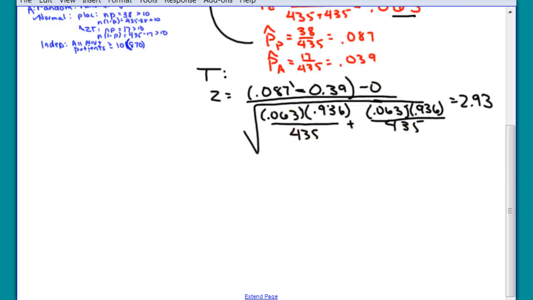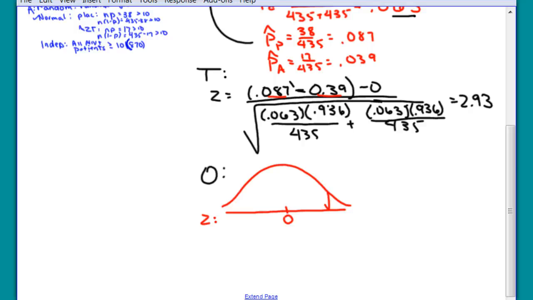Well, what does that mean to us? What that means to us is that let's get that p-value. What was the likelihood of these two groups being so different? If I were to consider the z-scores for this, I would have had a z-score of 0 if the two proportions were the same.